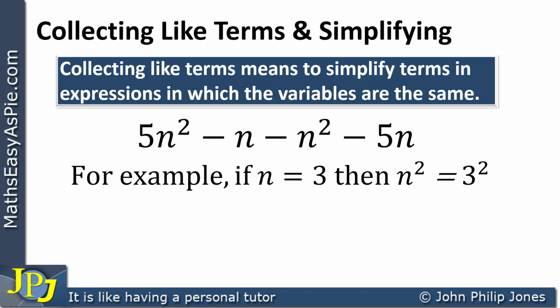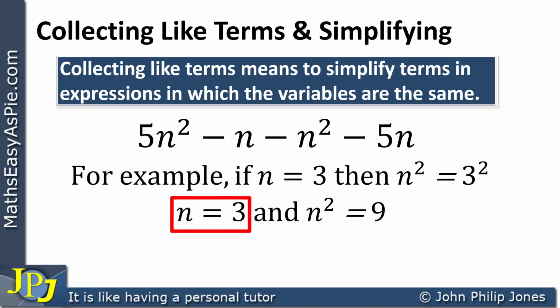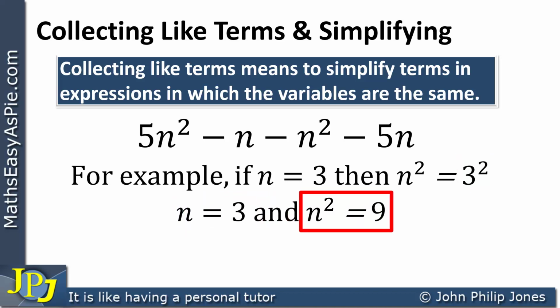But we need then to consider this, that n squared is equal to 3 squared, because we've set n to 3. Consequently, we know that 3 squared is 3 times 3. So when n is 3, n squared is 9.